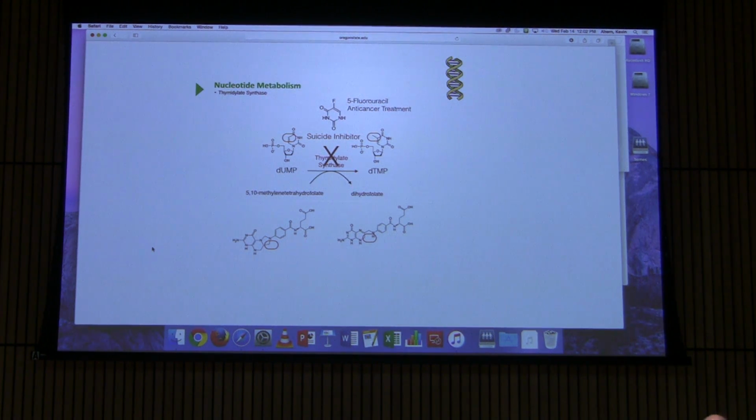The downside, of course, is that when you make any inhibitor of deoxyribonucleotides, you affect normal cells as well. So the strategy of any of these is that if the cancer cell is dividing more rapidly, it's much more sensitive to and much more needing of deoxyribonucleotides than a normal cell is.